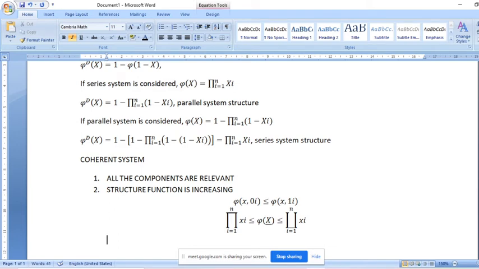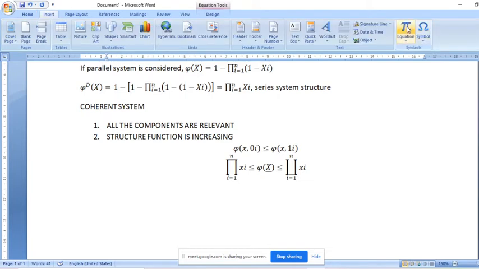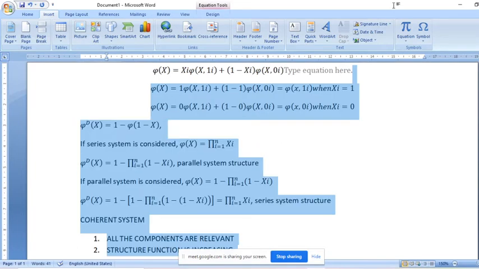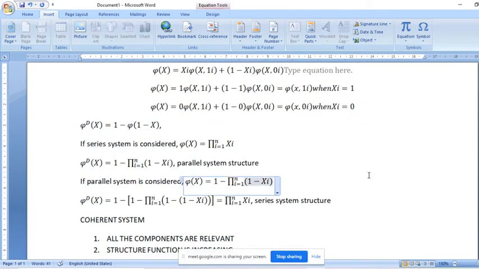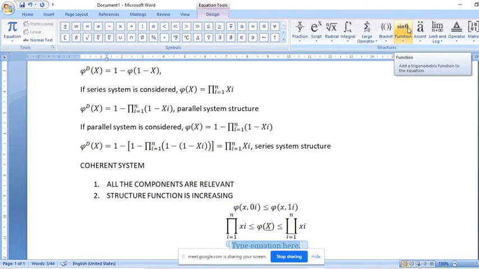We can prove the theorem using the fact that all the xi satisfy some conditions. What are the values of xi? xi equals 0 or 1.